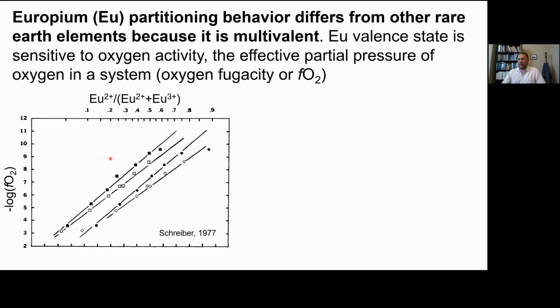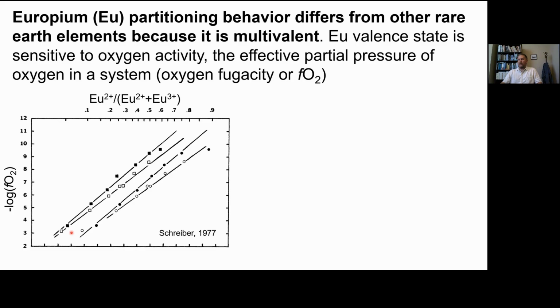And this figure shows the relative proportions of those species as a function of oxygen fugacity. And this is kind of a weird figure because this is the negative of the log of the oxygen fugacity, so log units of oxygen fugacity. So these are low oxygen fugacities, and these are high oxygen fugacities. And so you see that there's more divalent europium under reducing conditions than under oxidizing conditions.